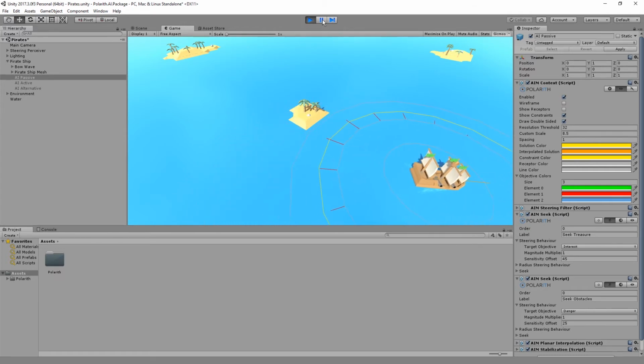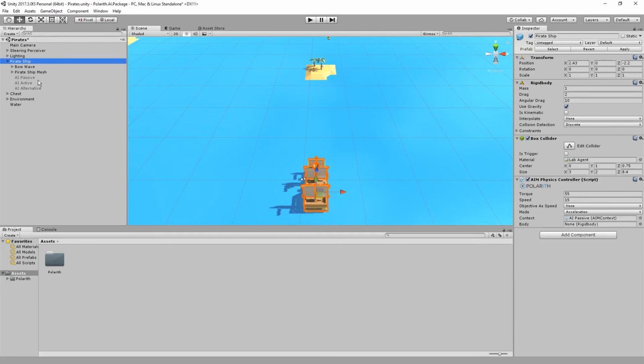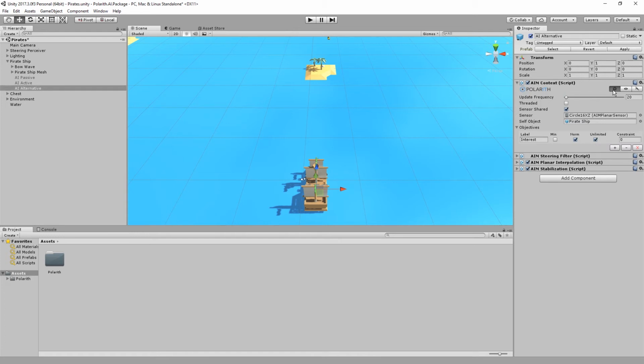Since we understood the concept, we can do some more experiments. Let's try to create an avoidance by using 2 seek behaviors, but only one objective.